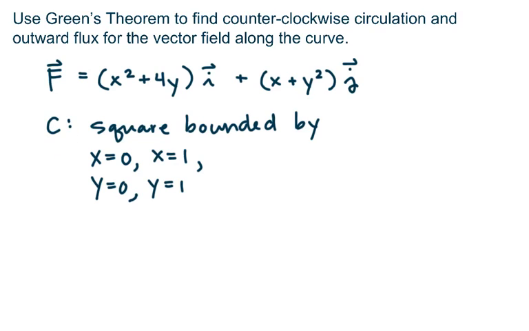And my curve C is a square bounded by x equals 0, x equals 1, y equals 0, and y equals 1. Or rather, C is this square here in the first quadrant. We are dealing with this region. And counterclockwise rotation would take us in that direction, starting at the origin.